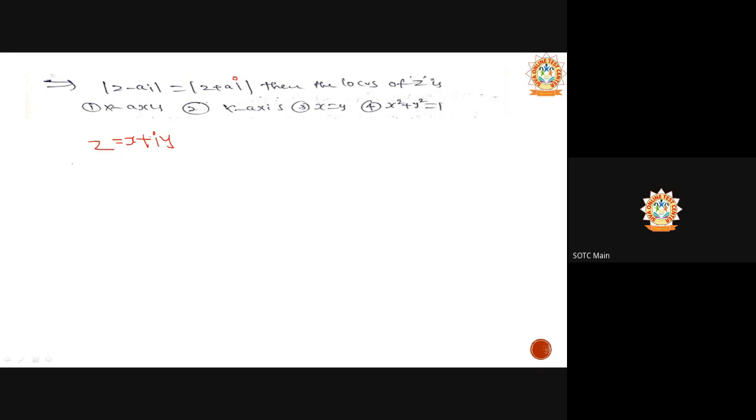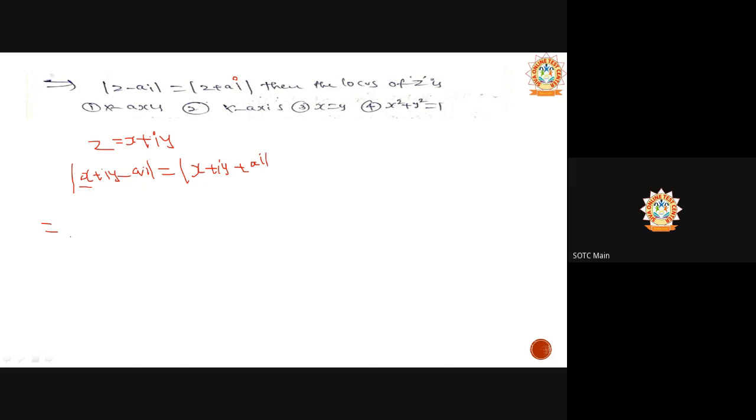So what will become, tell me. Mod of x plus iy minus ai is equal to mod of x plus iy plus ai. So now here, x is the real part and y minus a is the imaginary part, right?